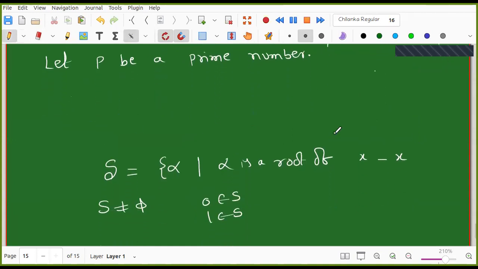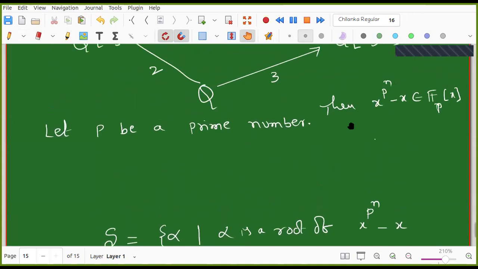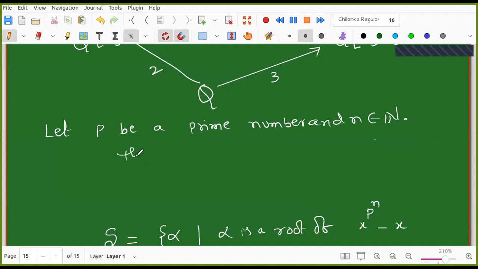I will now explain. Let p be a prime number, and n belong to N. Then this x^(p^n) - x belongs to F_p[x], Z_p[x]; F_p and Z_p are the same.